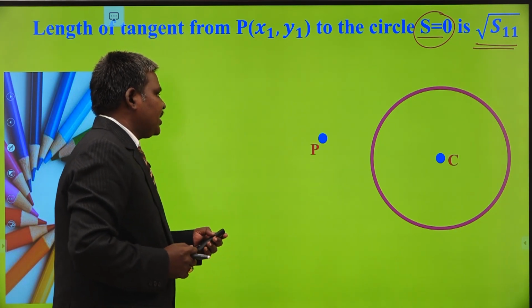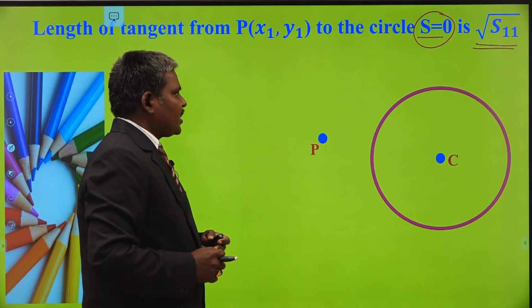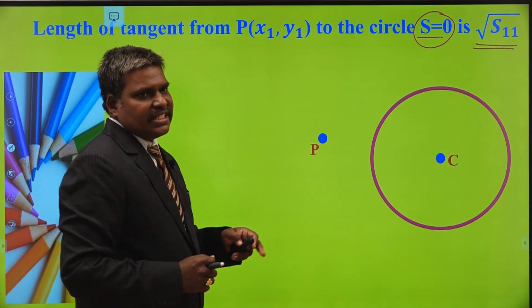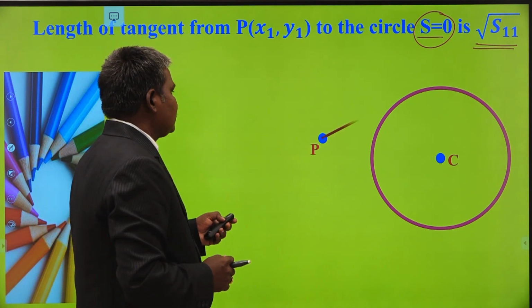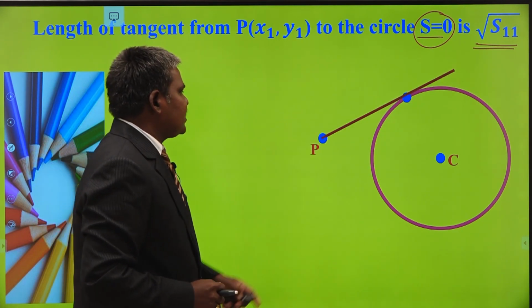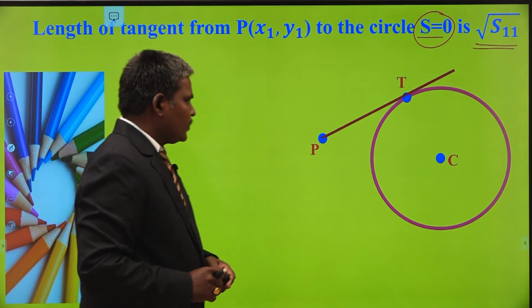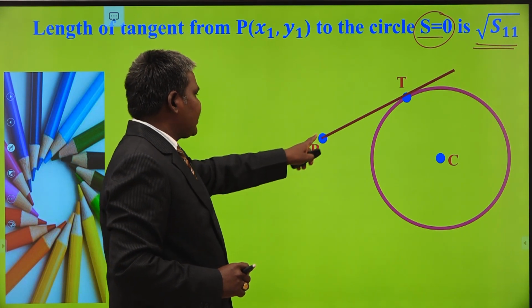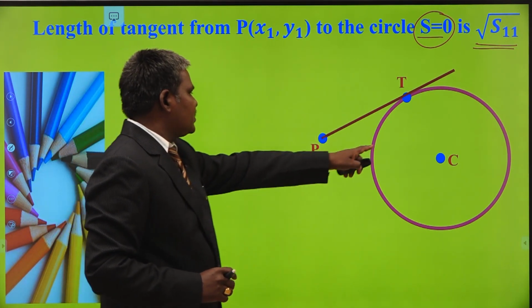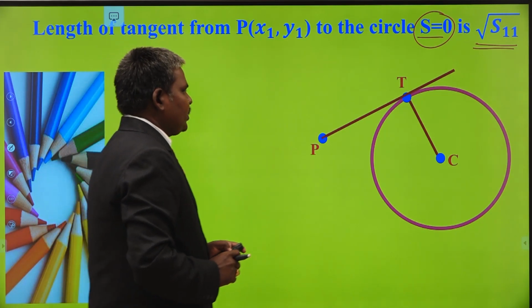This is my point P, compulsorily outside the circle, because length of tangent is defined for external points. This is the tangent drawn from P to the circle. It touches the circle at T as shown in this figure. So T is the point of contact, P is the given external point, C is the center of the circle. So join C to T.